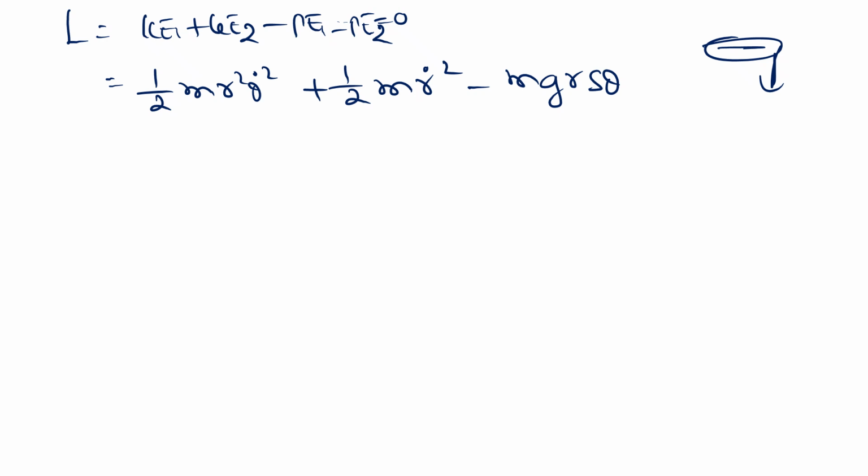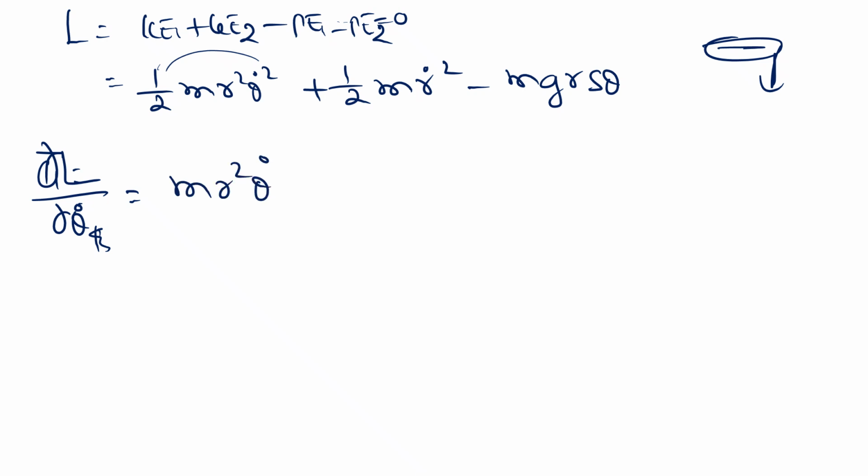Okay, so let's do tau 1. Tau 1 involves dou L by dou theta dot. Do we have theta dot in this? Yes. So differentiate this: the 2 comes down and cancels, giving m r square theta dot.